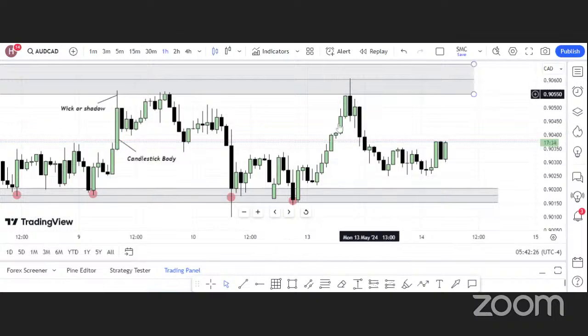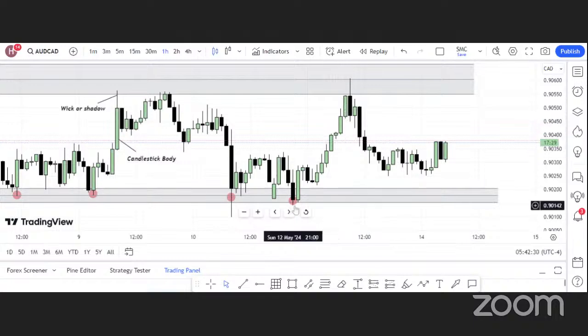Now let's use this as an example. The market bought from this level, got into this resistance zone, and after getting into the resistance zone, the market sold. Before this market sold to the downside, the market had initially printed a green candle.